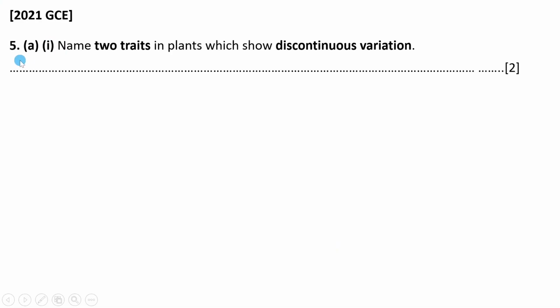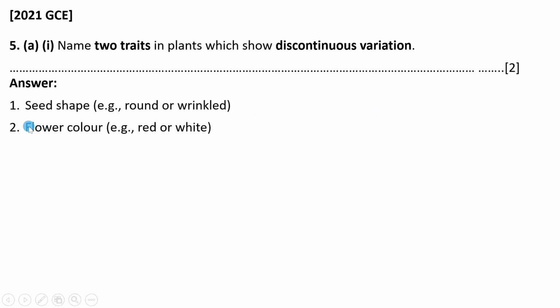So in answering, we go to the next question, which came in 2021 GCE. So the question was 5A, which says name two traits in plants which show continuous, discontinuous variation. So variation, in biology we have what we call continuous variation and discontinuous variation.